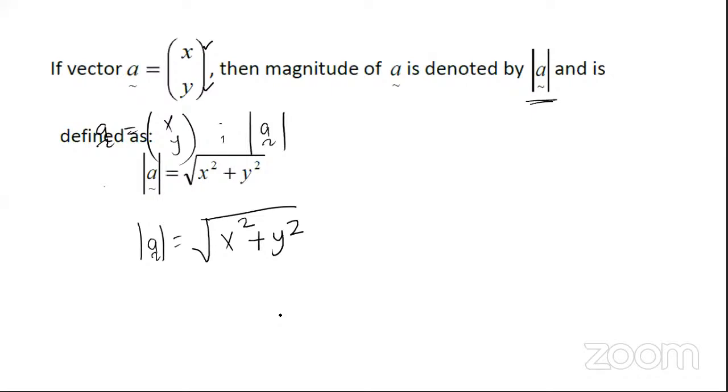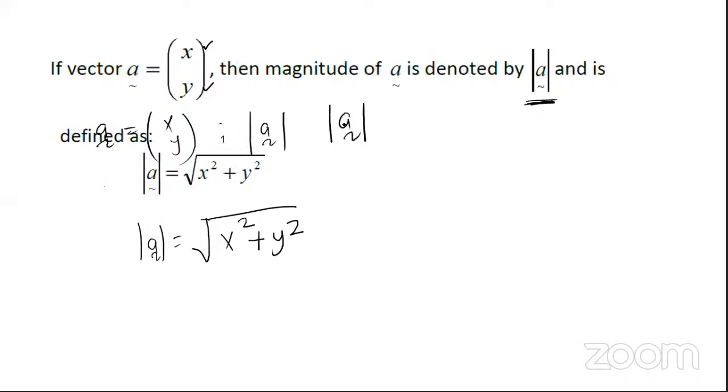Okay. So, good. Otherwise, we are saying that if you have a vector A, the magnitude of A is denoted by this. Denoting means that when you are writing a magnitude, this is how you're supposed to write it, with the two lines.